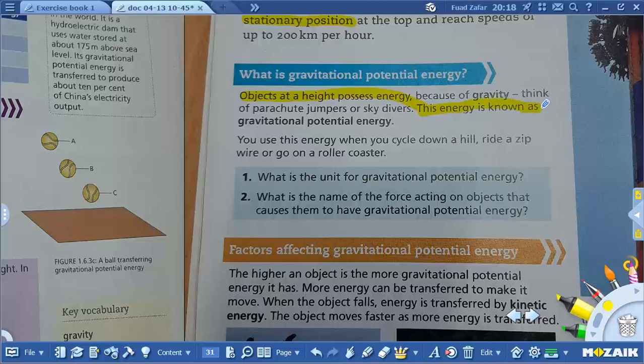This is known as gravitational potential energy. You use this energy when you cycle down a hill, ride a zip wire, or go on a roller coaster. You will have this energy once you're on a roller coaster, or cycling downhill.